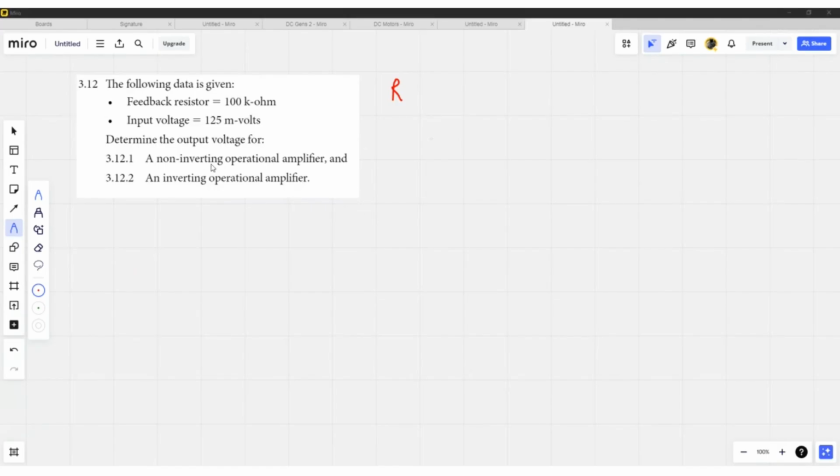I'm using a tablet, and a text field jumps up. Okay, so the feedback resistance is 100 kilo ohms.